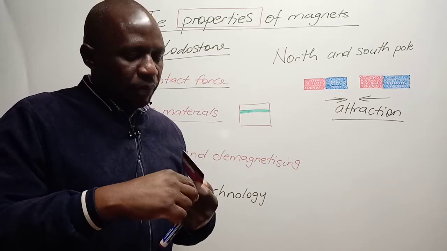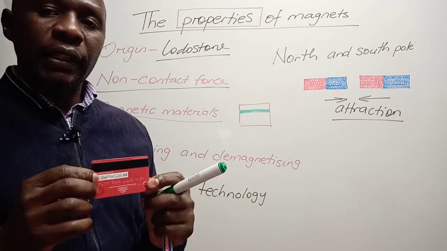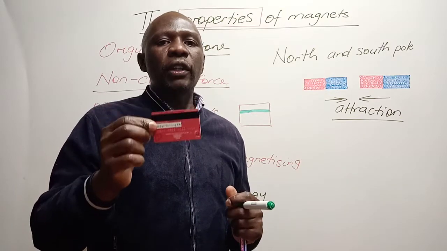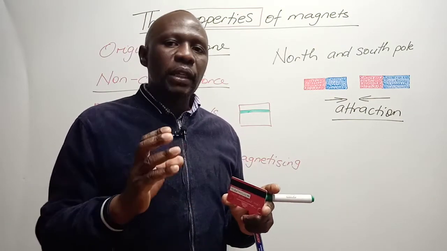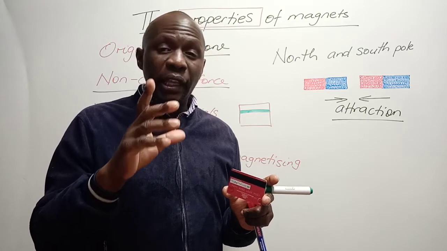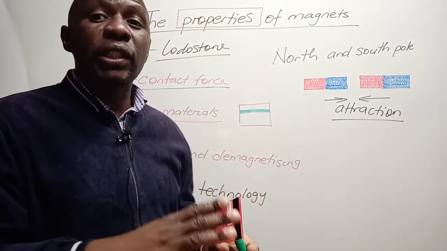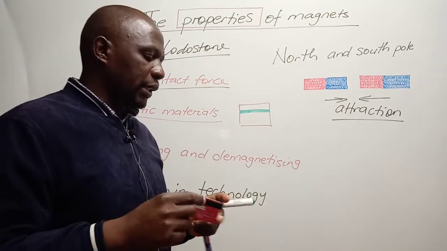So that strip has got a magnet. So there are tiny magnets here. If you want, you can take any ATM card and make some tiny iron filings and spread them there. They will stick because this part is magnetic.